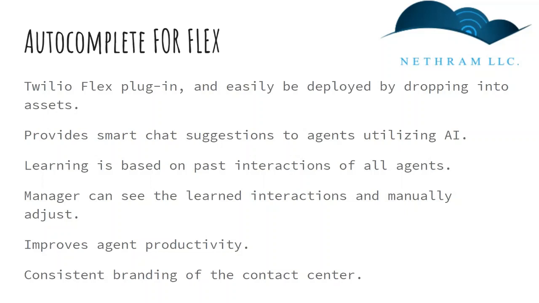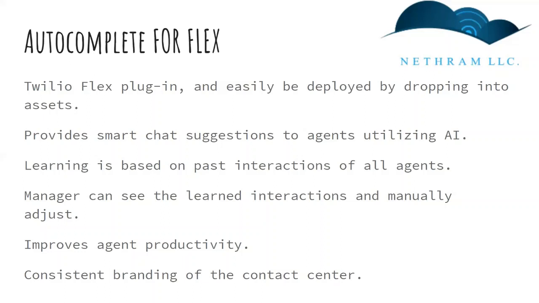Once the plugin is loaded, it provides smart chat suggestions to agents by utilizing artificial intelligence, or AI. This little plugin looks at the past interactions of all agents, finds patterns, and uses those patterns to provide smart suggestions. In a sense, this is quite similar to Gmail autocomplete, but there are main differences.